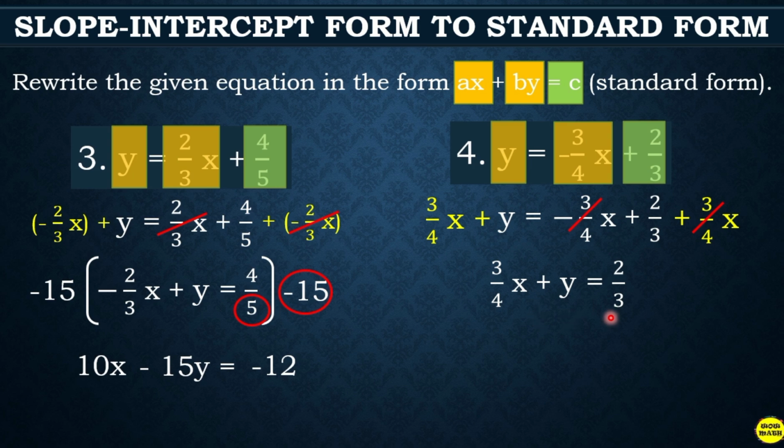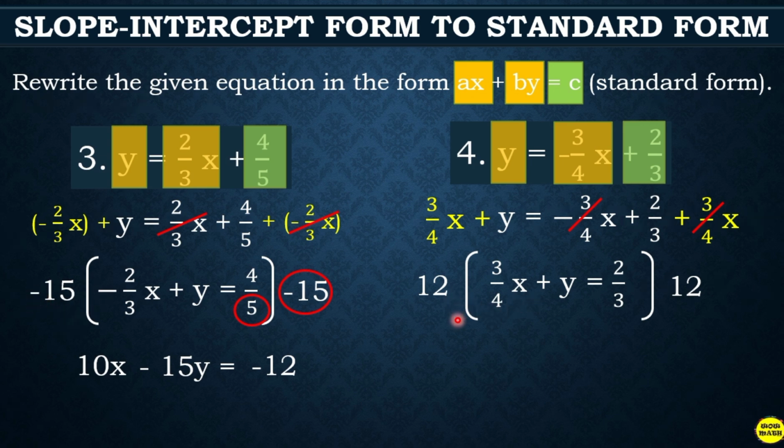Okay, meron ulit tayong fraction. So, i-multiply natin siya by the LCD, which is 12. Okay, so bakit positive 12? Kasi positive na to. Kapag ang unahan mo ay positive, sa positive na natin siya i-multiply. Kapag negative, sa negative natin siya i-multiply. Okay?